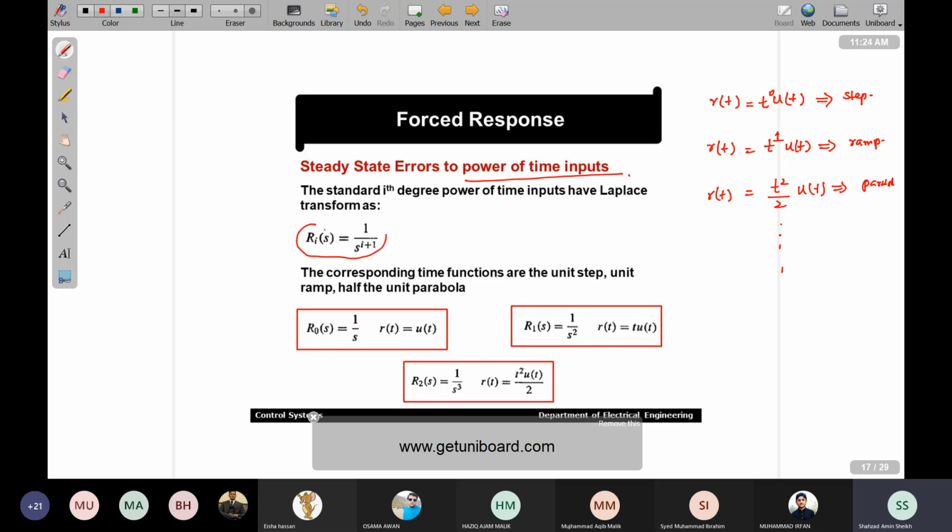So that's the generalized expression. So R_i of s will be equal to 1 over s raised to power i plus 1, and this is i.